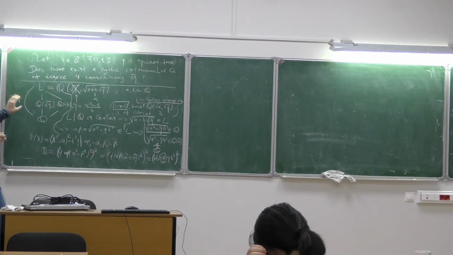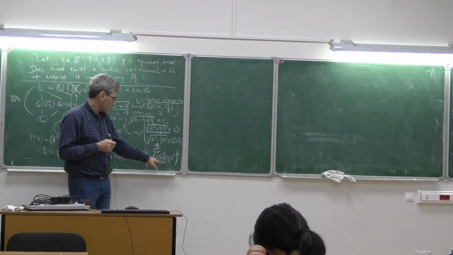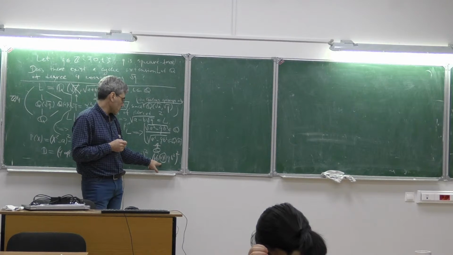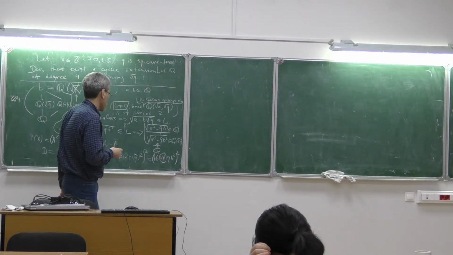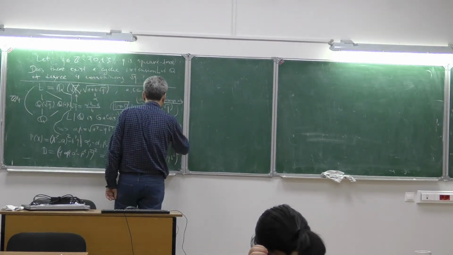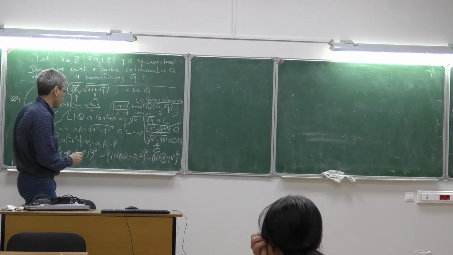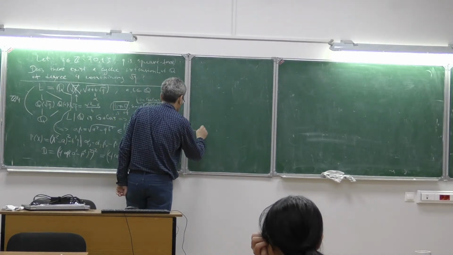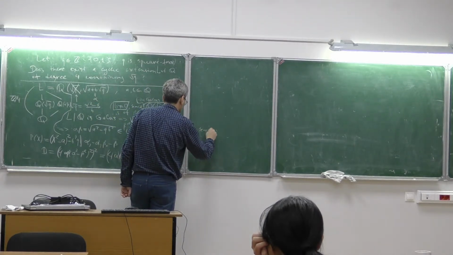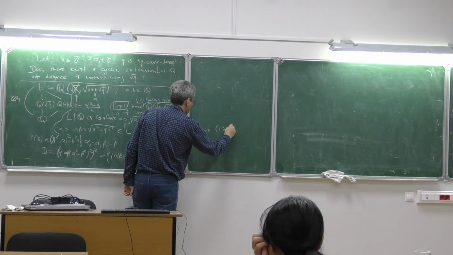And therefore this product should not be a rational number. So we exclude this case, since this 1, 2, 3, 4 is odd.